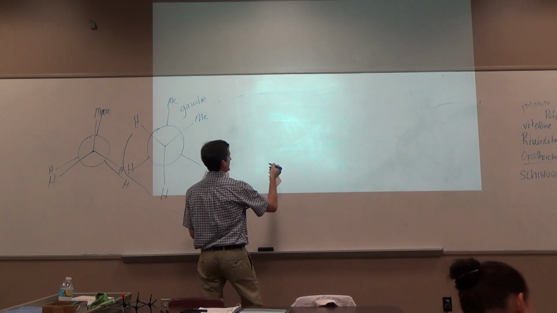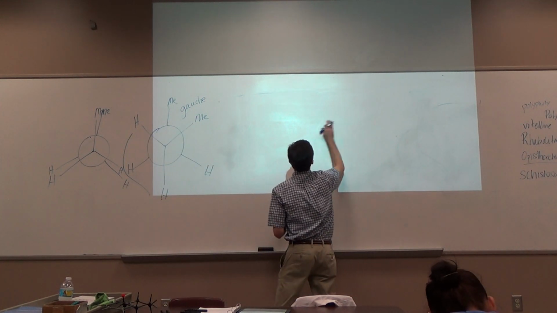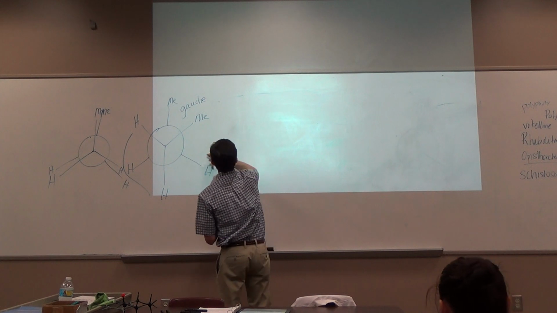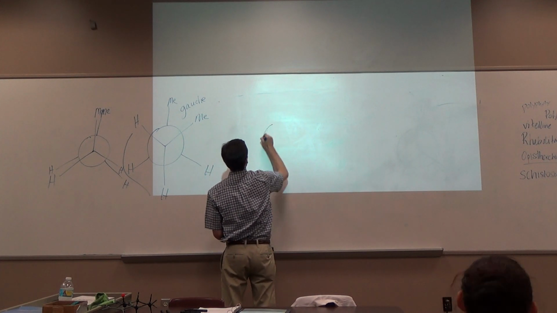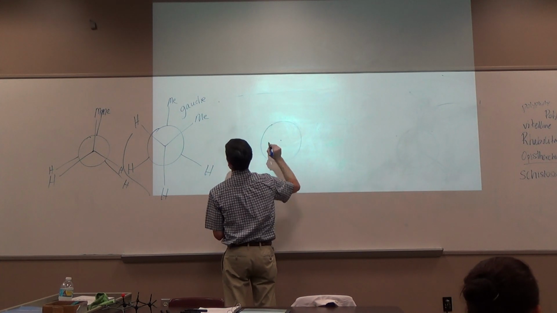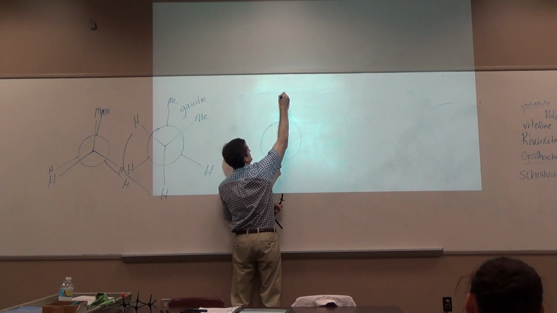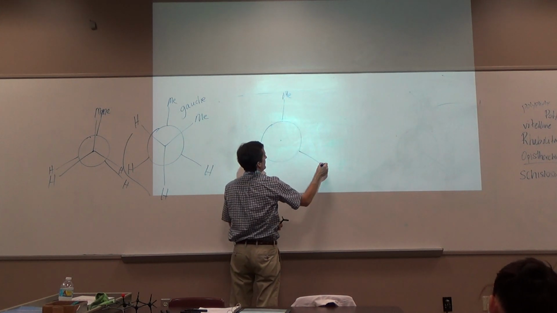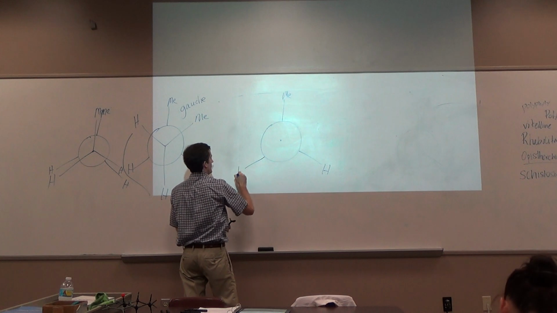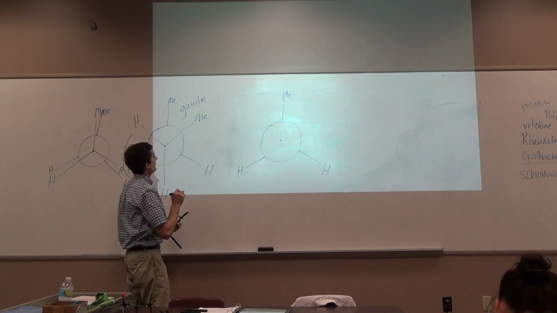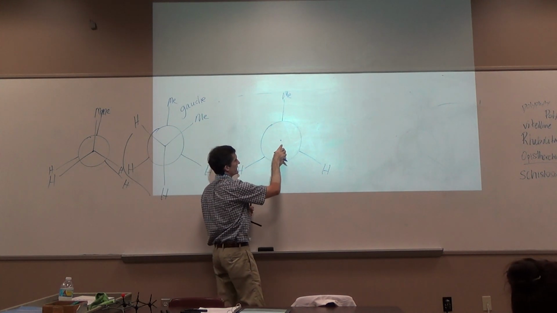Let's rotate this again. Another 60 degrees. What are we going to get? We're not rotating the back, so the back stays like this. Now where's the methyl going to be?